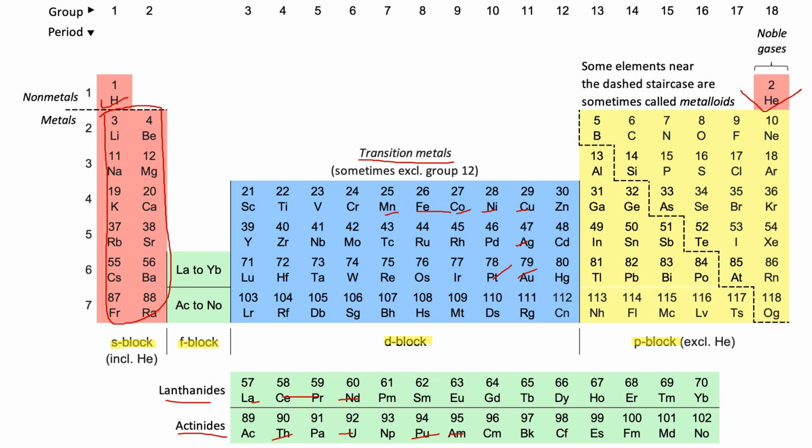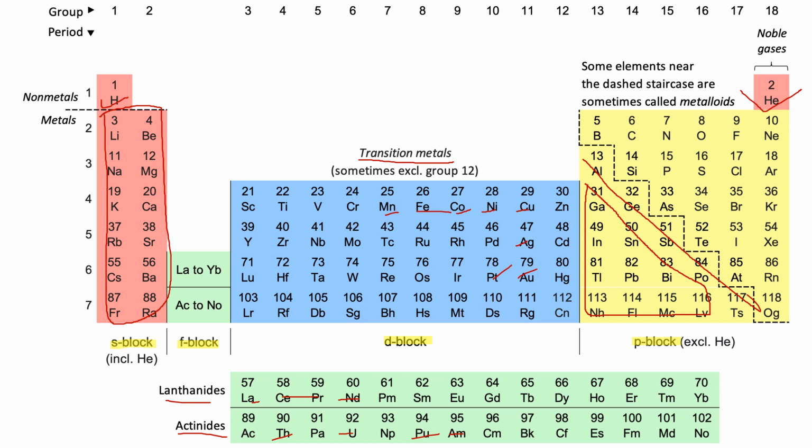Then the P block is kind of a mixture. It includes metals like aluminium, germanium, stibium, polonium, tin and bismuth. This dashed line is a line which separates metals and non-metals.